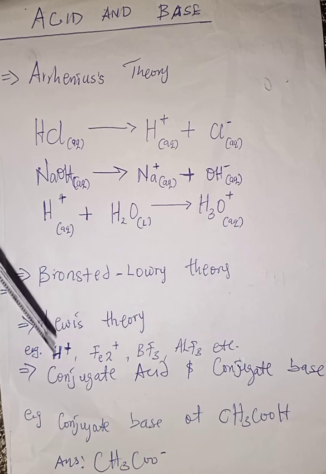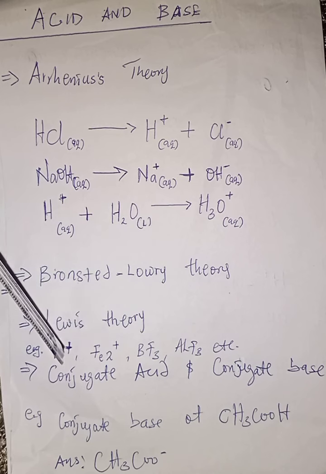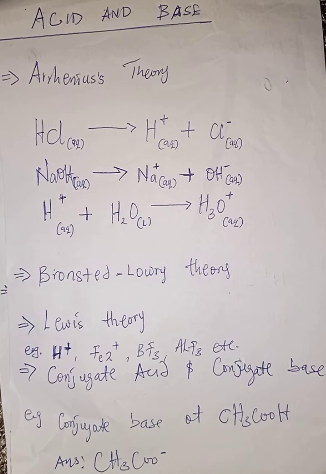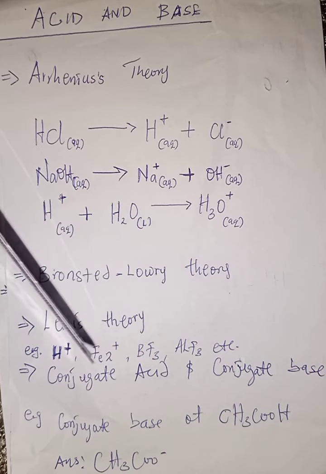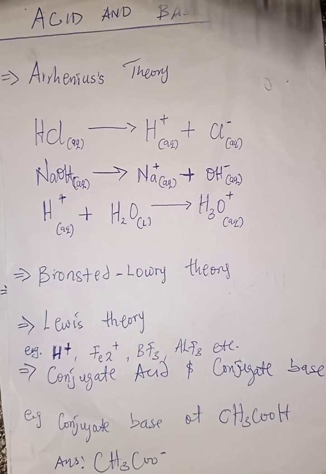Basically, in this theory, most cations can accept lone pair electrons, so most cations are acidic. For example, they can ask you, potassium ion is acidic according to which theory? According to Lewis theory, potassium ion can be acidic because it can accept a lone pair of electrons.